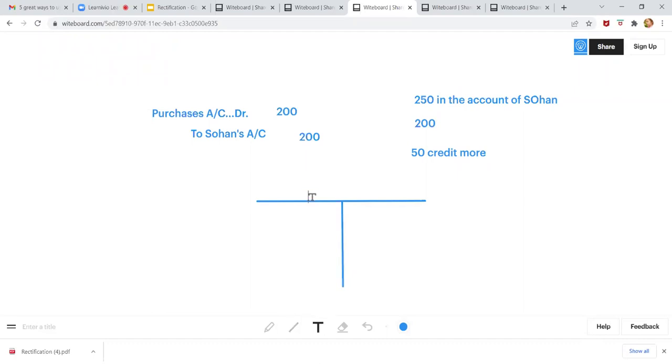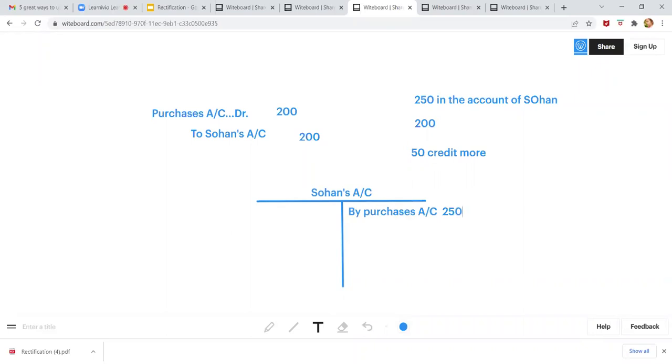The ledger posting will be by purchases account, but in Sohan's account it was recorded as 250.